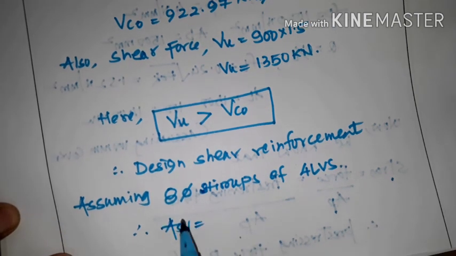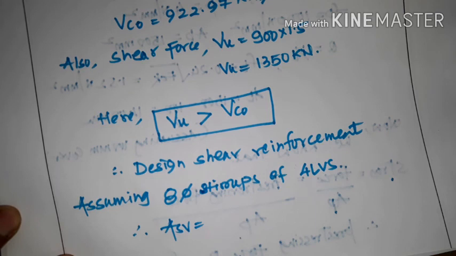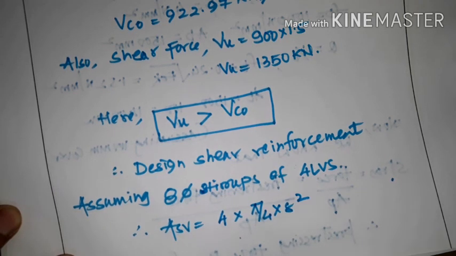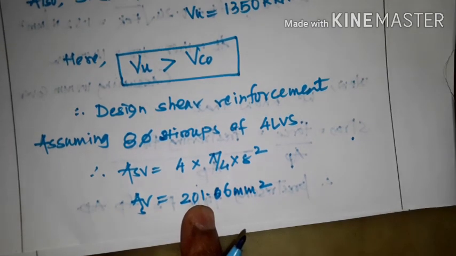You can try with 2 legs also, but the spacing will be very small. If you go for 4 legs, it will be economical and you will get an exact spacing. So ASV is equal to 4 into pi by 4 into 8 square. So ASV is 201.06 mm square.